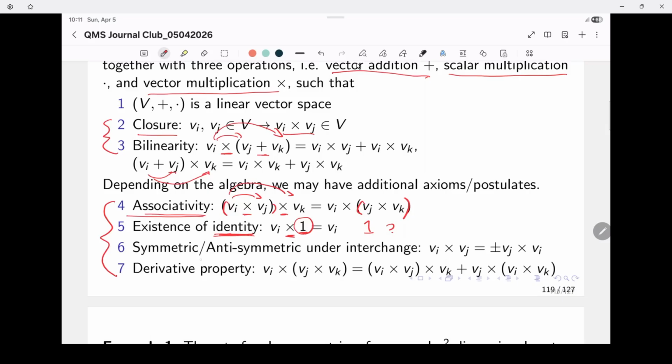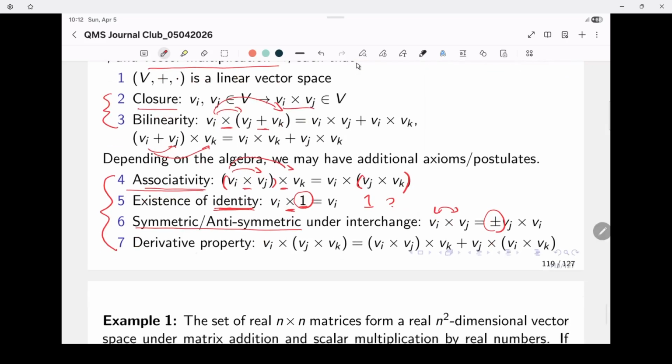And again, you can have symmetric and anti-symmetric properties under certain exchange. For example, if you switch around this, whether or not you get a plus or minus. So that is your symmetric and anti-symmetric property. And lastly, the derivative property.